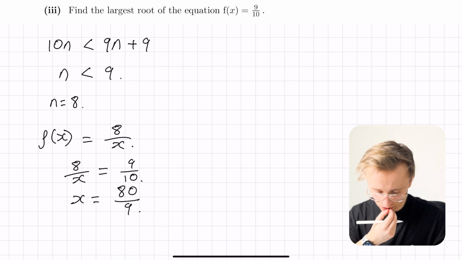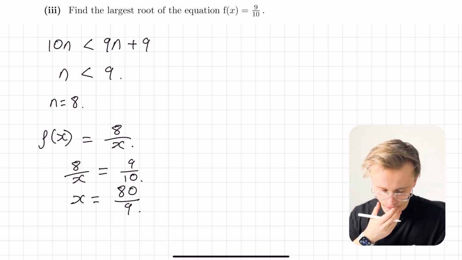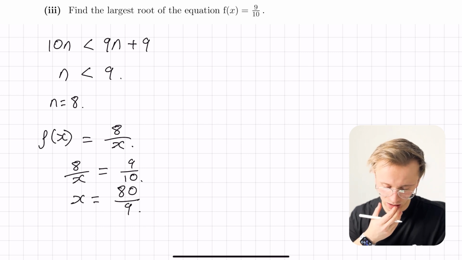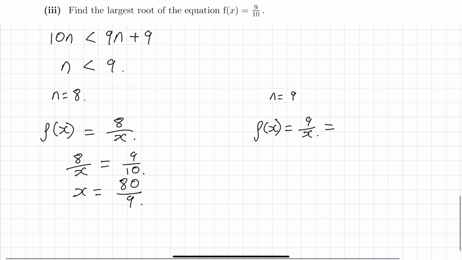Would it work if I went one higher, just to double check my maths? Well, if we went to n equals 9, I would have had f of x equals 9 over x, and that would have been equal to 9 over 10.